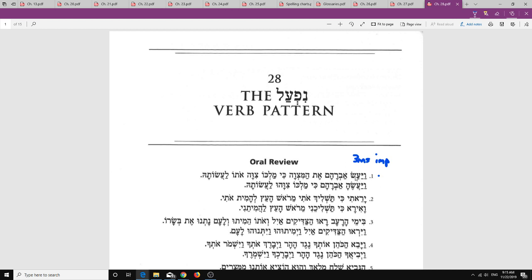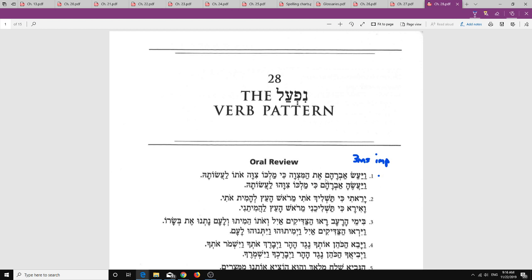So ayin, sin, hey is a verb that we recognize as asa, do or make. So this is "and he made," because the imperfect flips to the perfect with this vav conversive. So, "and he made" or "and he did." So, "and Abraham did," here we have the direct object marker, and we know that because of the context of what's coming next.